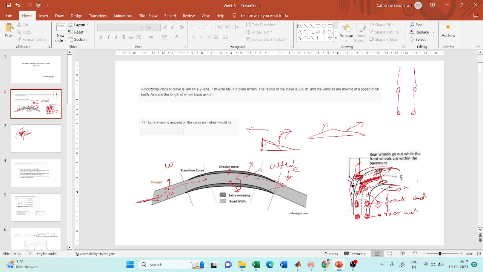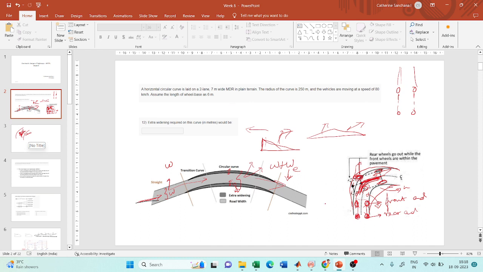This widening, which is required because of the property of the vehicle, is called mechanical widening. There is one more widening, which is called psychological widening. Now, what is psychological widening? When you traverse a curve, you will always try to stay in the center of the curve. The vehicles on the inner lane will try to move towards the center, and so all the vehicles will try to move towards the center to have better visibility.